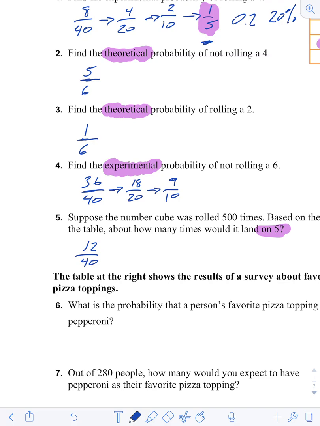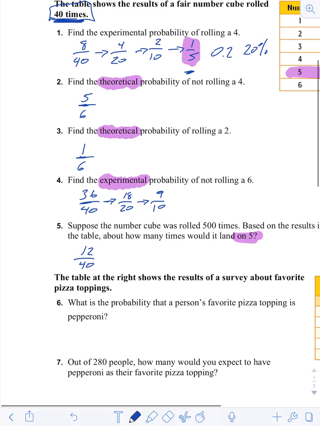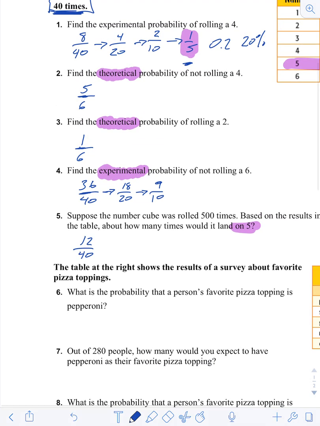So here's the part to predict. I'm going to take my fraction, 12/40. Okay, 12/40. And I'm going to now multiply that by what I'm predicting.